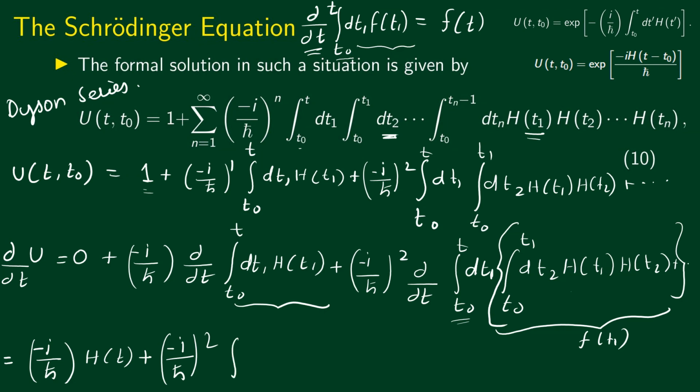Wherever t1 appears, you have to substitute by t. So this would be the integral t0 to t. See here it's t1, but when we use the fundamental theorem of calculus, this t1 will become t. This integration has gone. So this is the integral t0 to t, dt2 H of, there's an H of t1 here, which we write as H of t because of this fundamental theorem of calculus, and then we have got H of t2 plus etc.